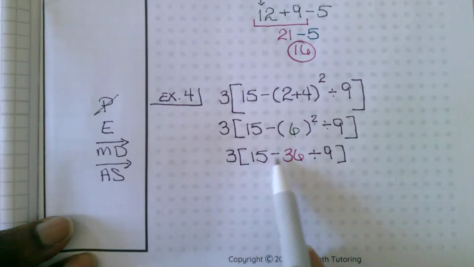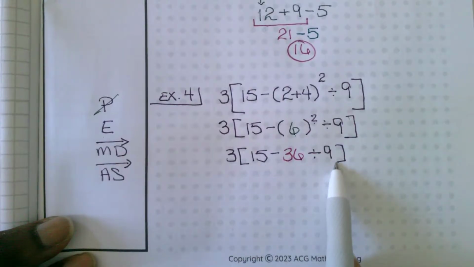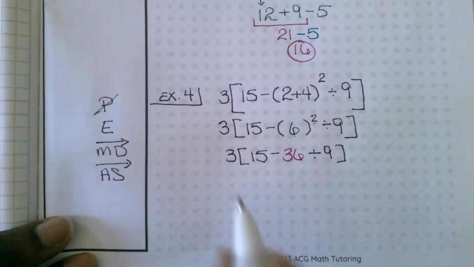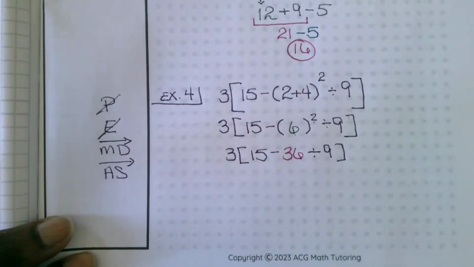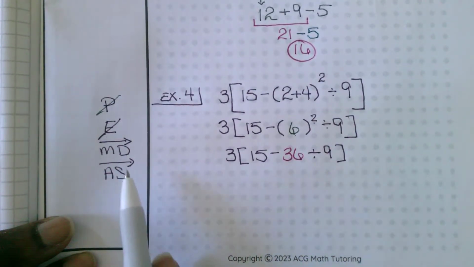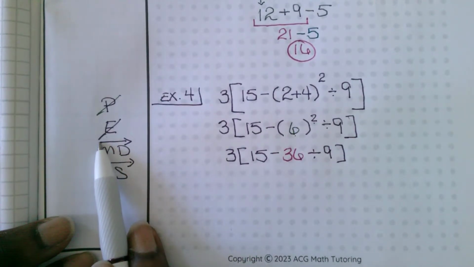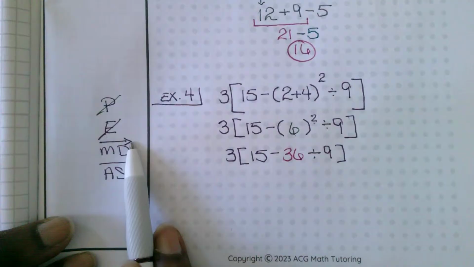Okay, and even though we took care of our parenthesis, we're still inside of a bracket. So we're still doing the work that's inside of here. Now, exponent, we're done. But inside of this bracket, we're either going to do multiplication or division, whichever comes first, from left to right.